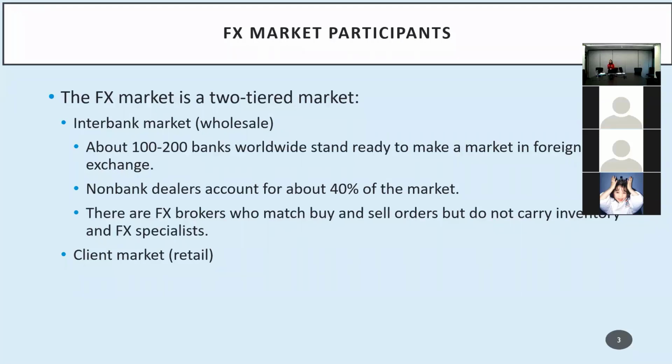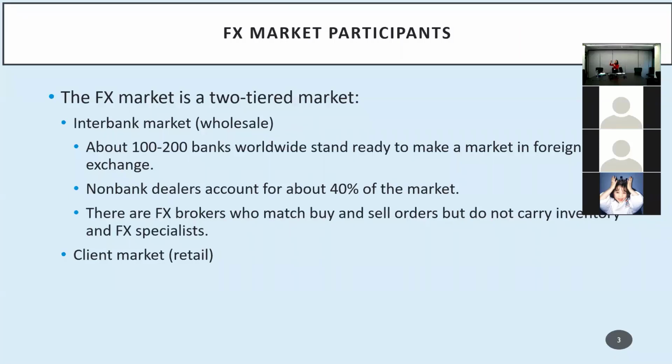For example, if you go to any branch of any bank these days, you will see an electronic board, and they will show you the prices of different currencies. When you pay attention, you will see that for each of the currencies, they will tell you a buy, and then they will tell you a sell.